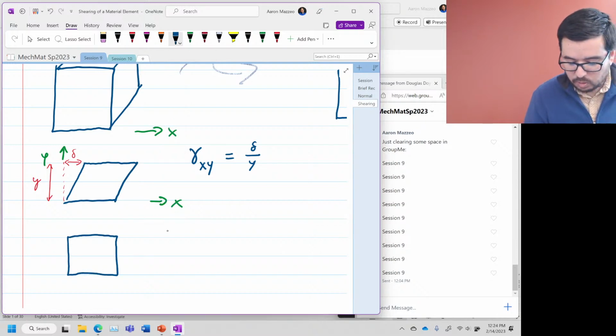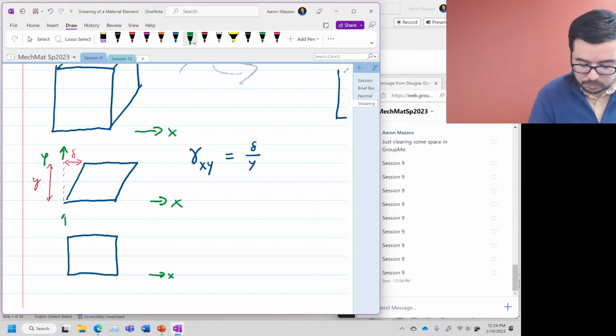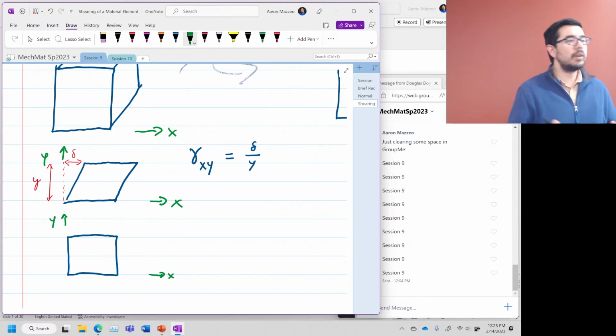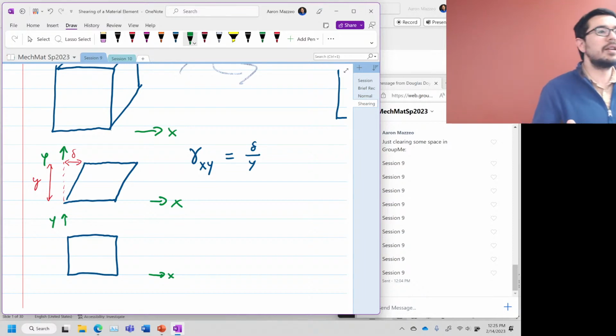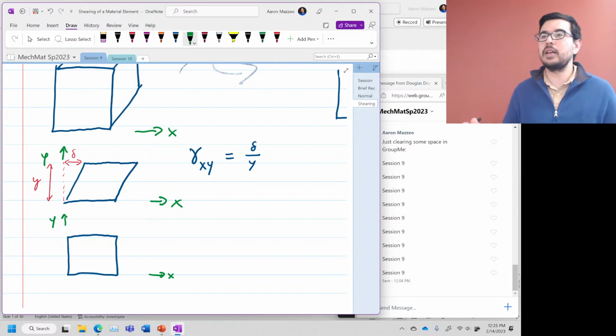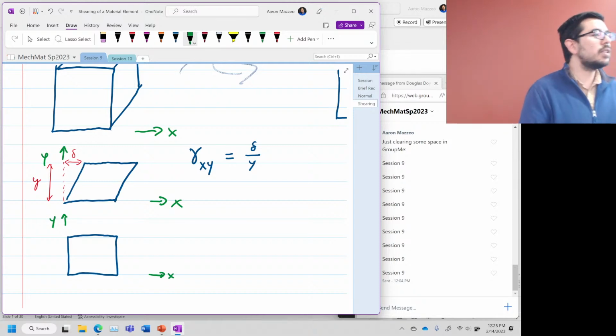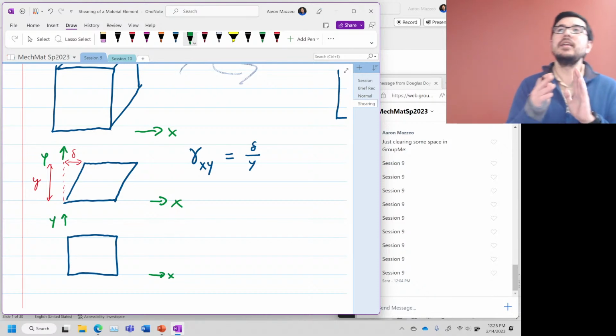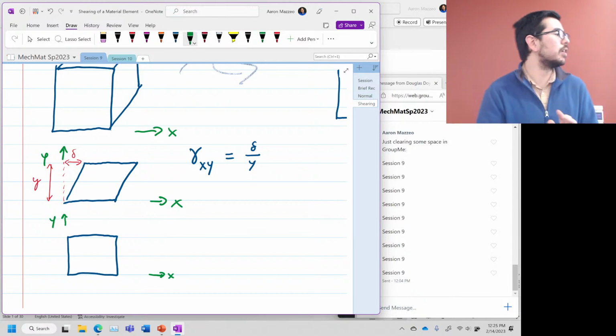And this is not picturing the distortion. And do you all remember what the convention is? What arrows should I be putting on this element? Okay, or let's start here. Where's the positive x face?